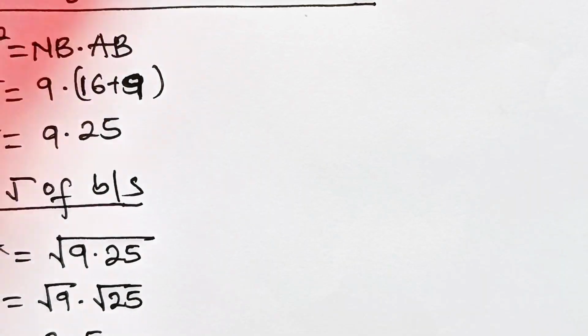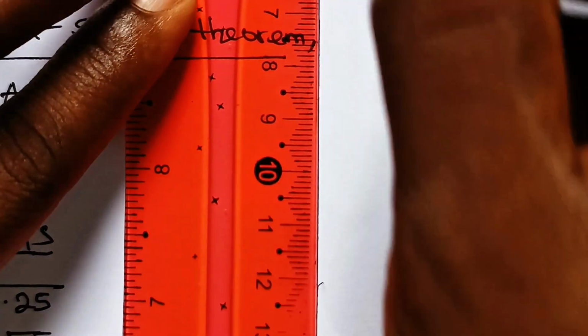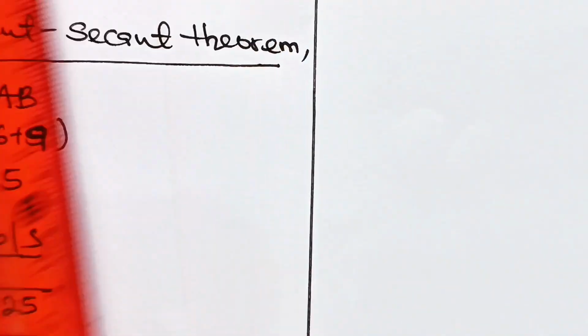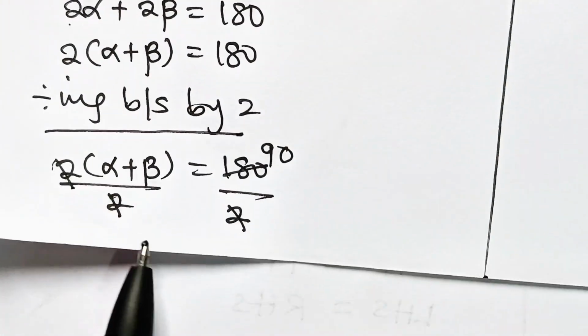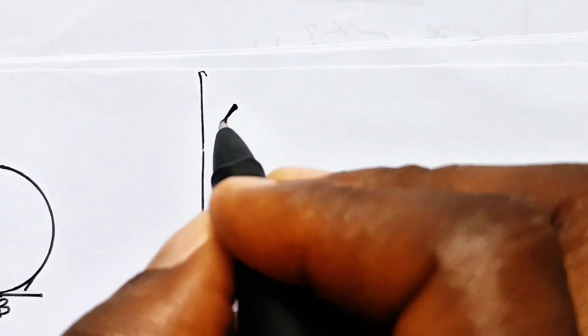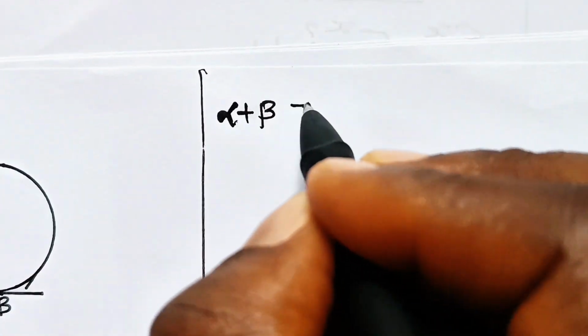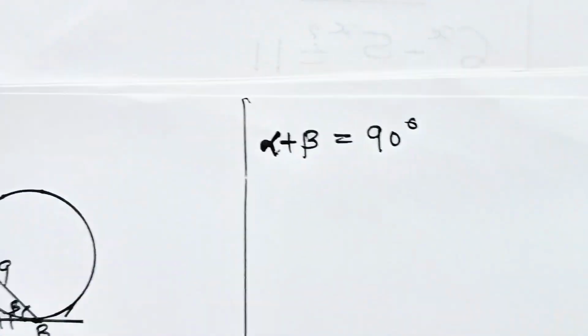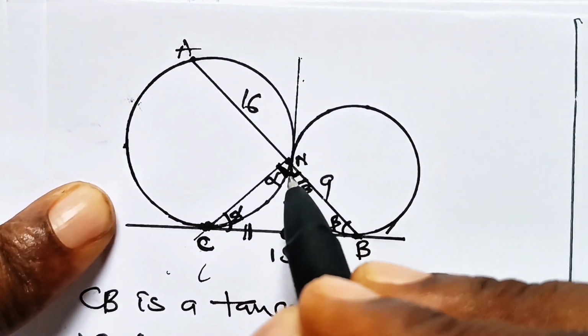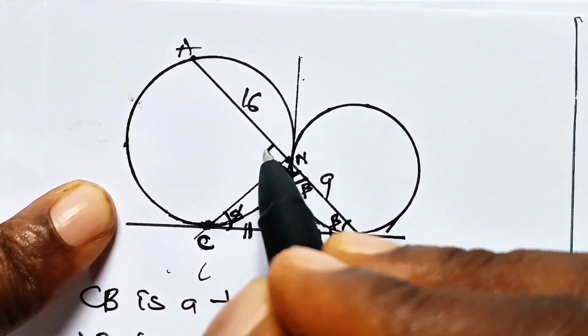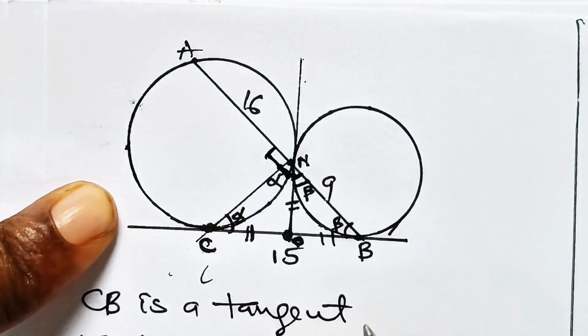So alpha plus beta is equal to 90 degrees. That means from here to this place is 90, meaning that this remaining part is 90 as well.